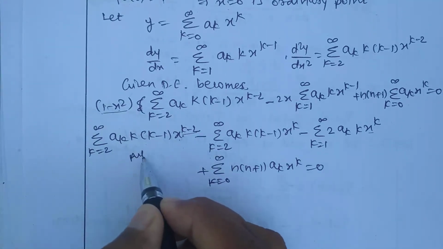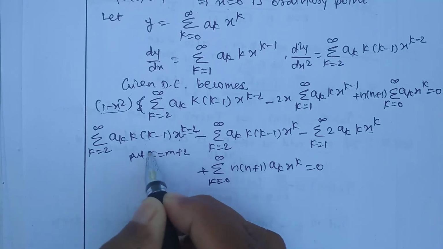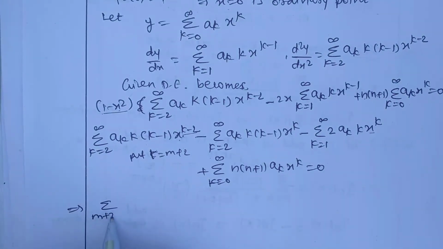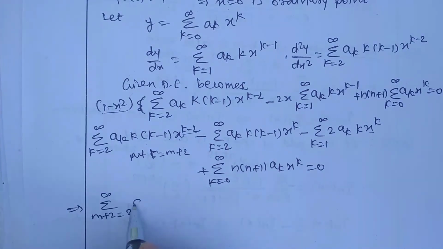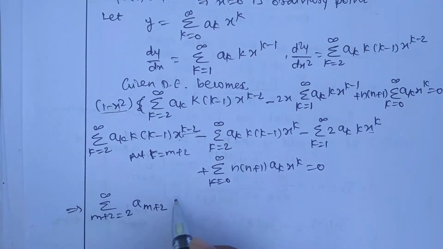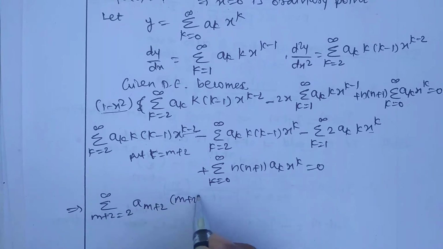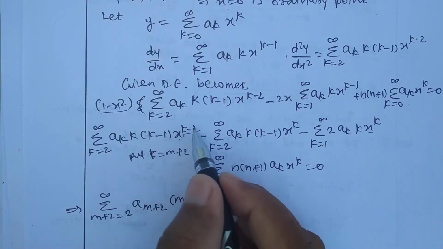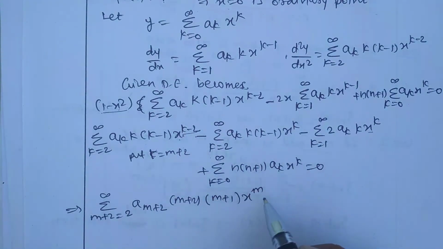Here put k equals m plus 2. So we will get summation m plus 2 equals 2 to infinity, (m plus 2) into (m plus 2 minus 1), which is m plus 1, x to the k, which is m plus 2, so m plus 2 minus 2 becomes x to the m.